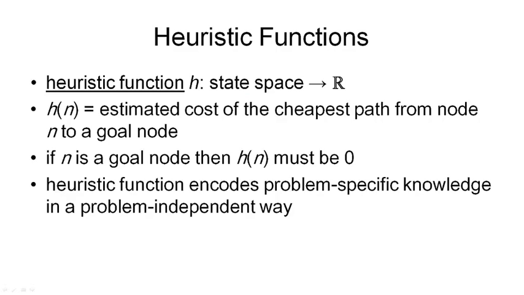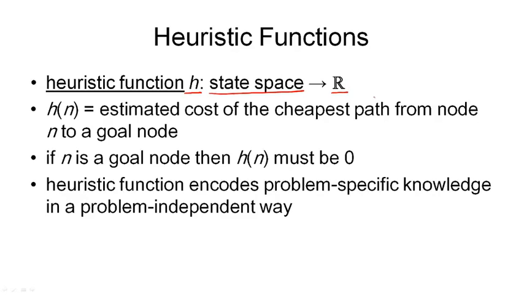Information about a state that can be used in a search strategy can be encoded using a heuristic function. In general, a heuristic function h maps a node in the search space to a real number r. Or sometimes you also find that it maps it to a natural number.